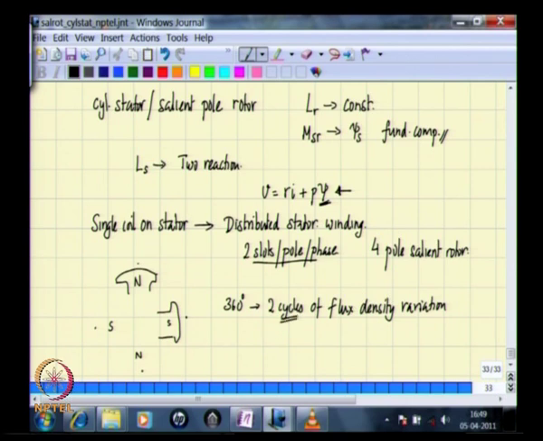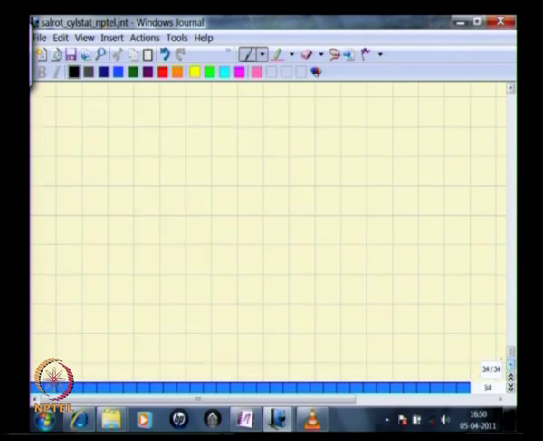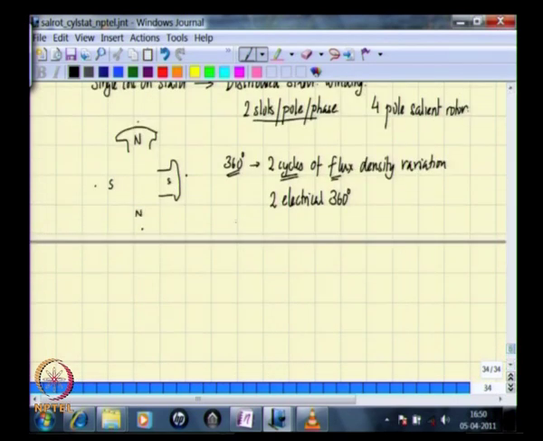Since two complete cycles of flux density variation are there, one can say that two electrical 360 degrees are there in one mechanical 360 degrees, and therefore one says that theta electrical is equal to 2 times theta mechanical.